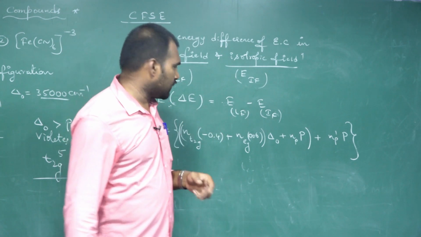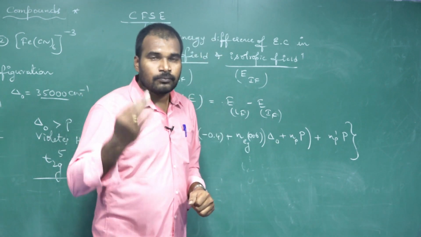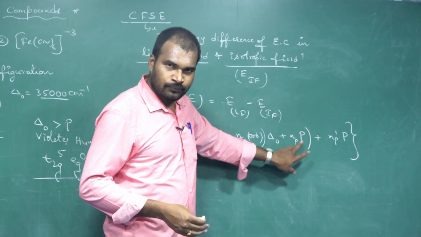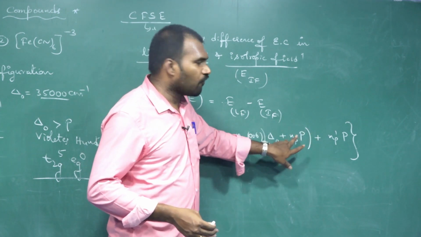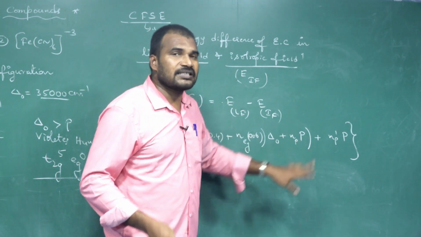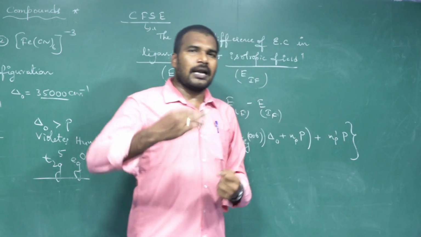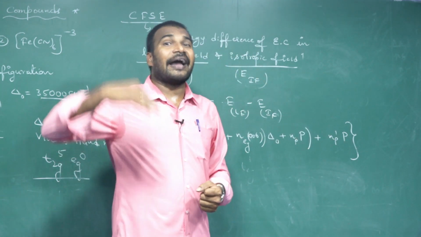So what is nP here? nP stands for the number of electron pairs present in the ligand field, where capital P stands for pairing energy. What about nP prime? It's the number of electron pairs present in the isotropic field.